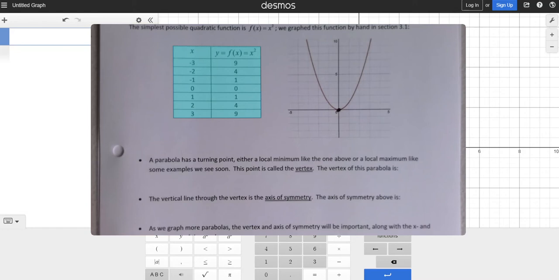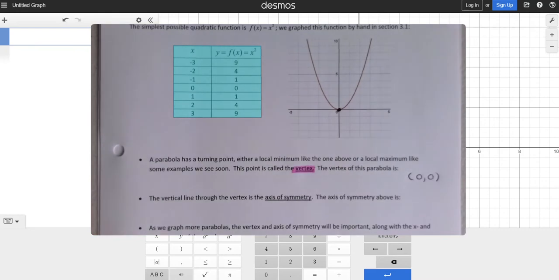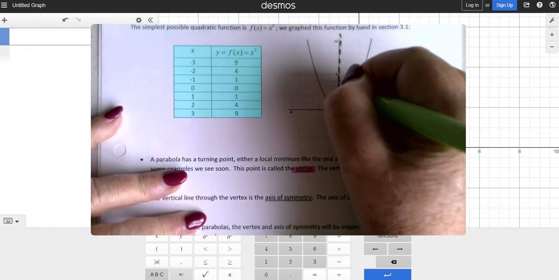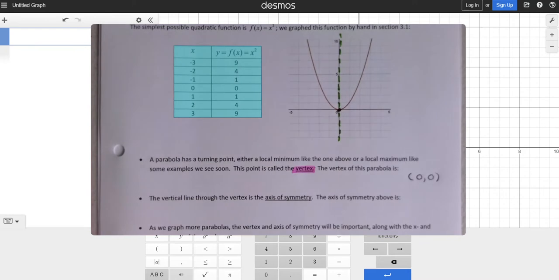The vertex is one of the most important points on the parabola to make sure you have in the right place when you graph it. In this particular parabola, the vertex is 0, 0. It's right at the origin. If I were to draw a vertical line through the vertex, which in this case is right here on the y-axis, that forms sort of a mirror line for our parabola, right?